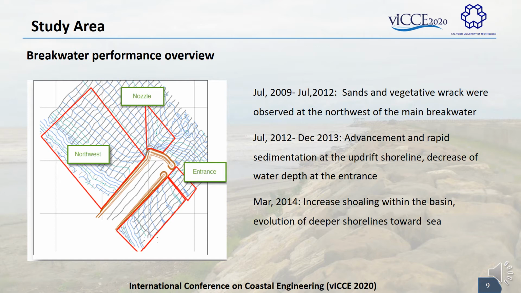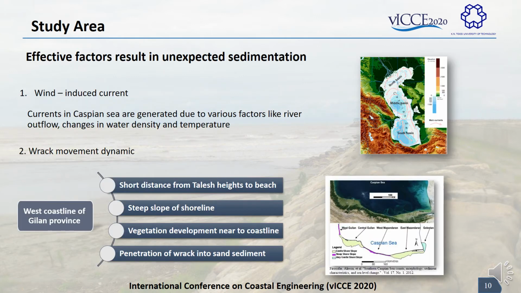And finally, in March 2014, increased shoaling within the basin was reported. So, investigation of this unexpected sedimentation shows wind-induced current in the Caspian Sea and wrack's movement dynamics play key roles in longshore sediment transport.